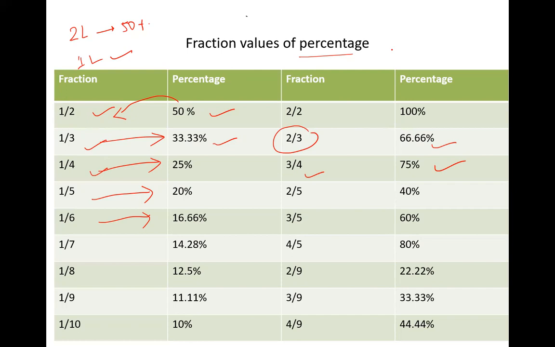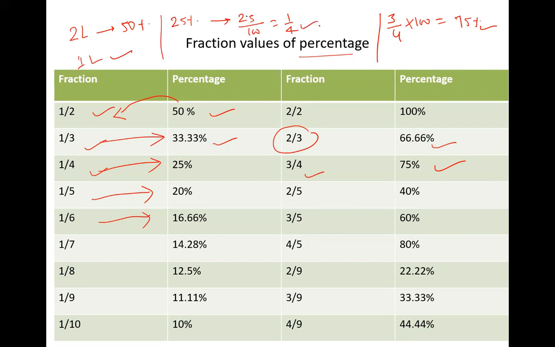I'm going to tell you a trick, very good trick. If you have a fraction value and you want to know the percent value of this, just multiply by 100. If you have any percent value and you want to convert it to a fraction, just divide by 100.